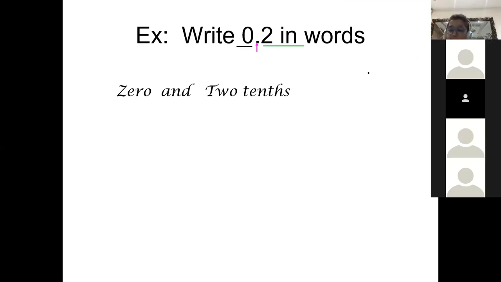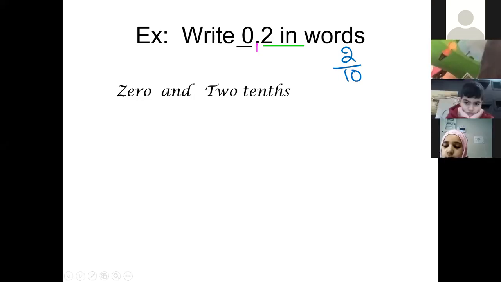If the 0 is in the first, it means no squares are fully colored. It means we don't have any square fully colored. It means that we have just 2 parts out of 10 colored. Okay, Murad? Okay.